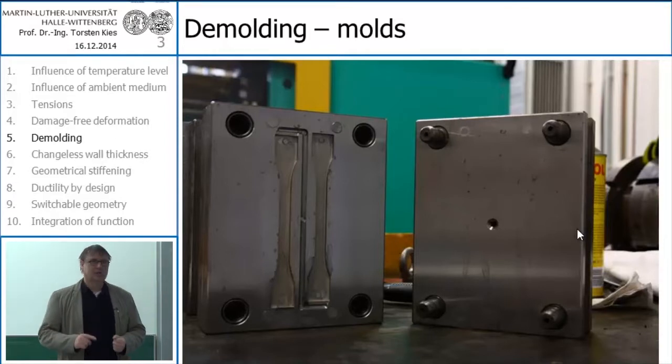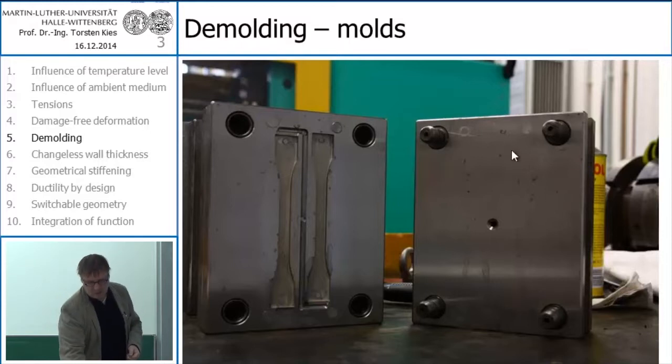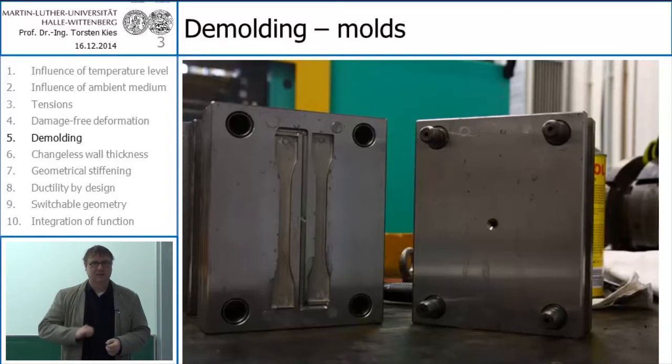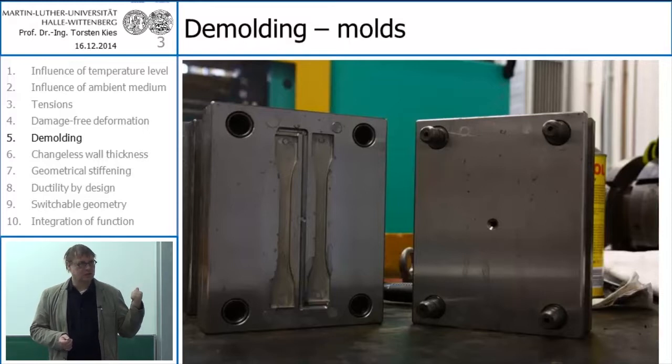If I show you this mold, I must tell you I'm not very happy with how it was realized. I would be happier if we had a little more steel here, and also here; you can see it was produced with an eye on the money. Testing bodies, you don't need 100,000 or 2 million.